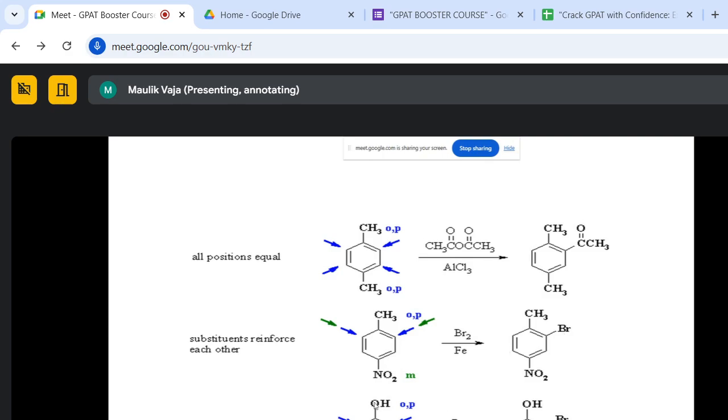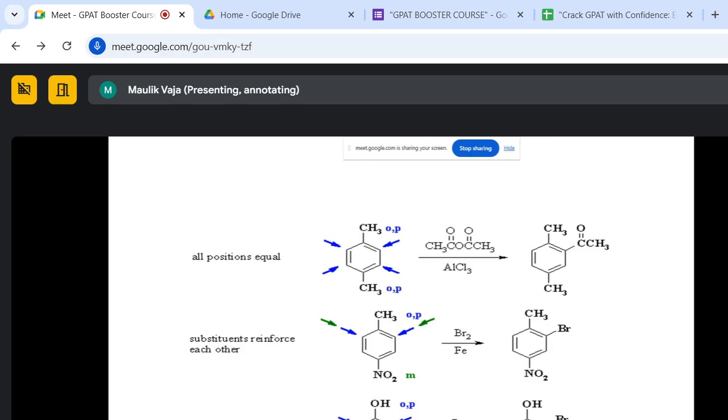And here is the question: if you have two groups like OH and CH3, then which product will you get? Because both are electron donating groups, both are activating groups. So both are ortho para directing groups. Both para positions are filled, so para attack is not possible.